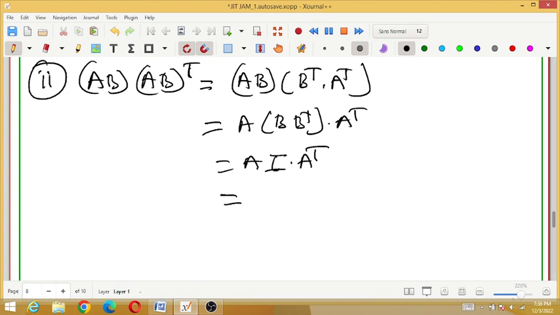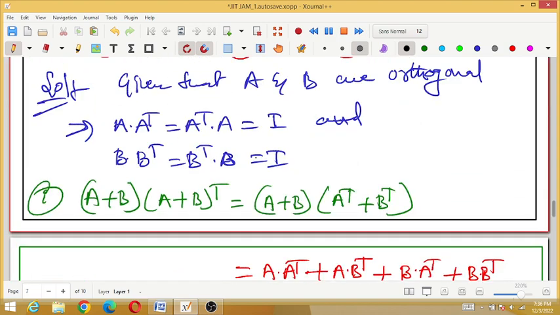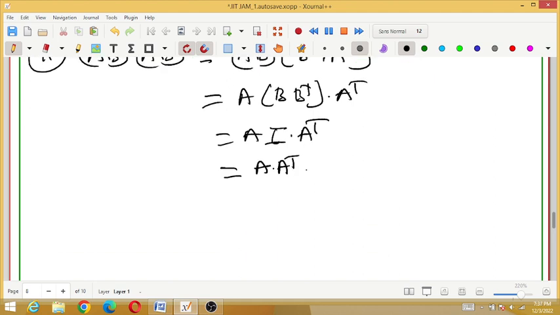Again the associative law will be satisfied: A into I is nothing but A, so A into A transpose will come.